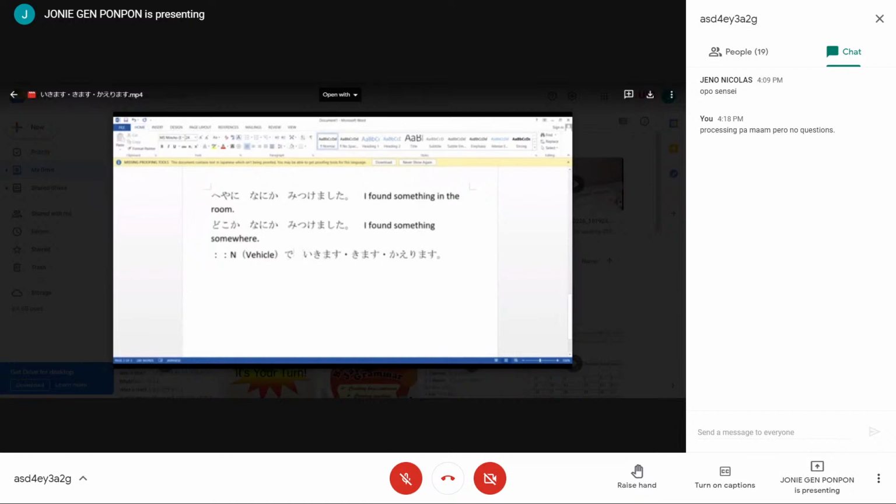Okay, de here indicates, what you call this, means of transportation, parang ganun. Okay, so indicates means of transportation or something, method in going somewhere, in coming here, parang ganun. Okay, so the particle used here is de. The particle will be after the noun, which is a vehicle.